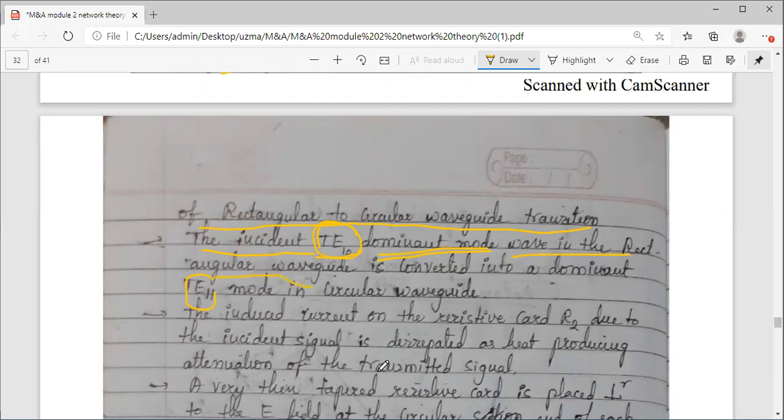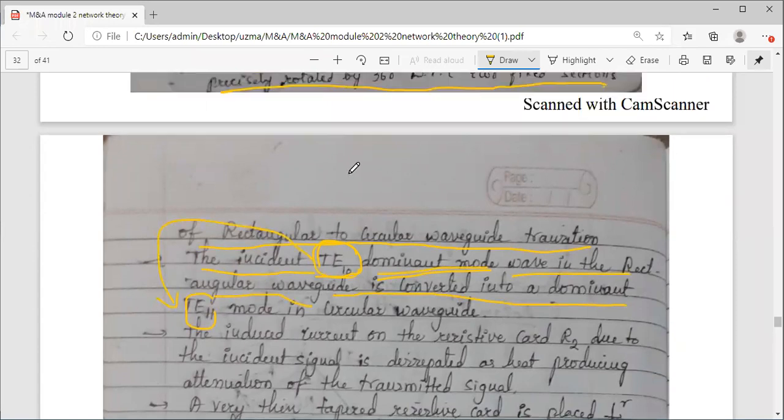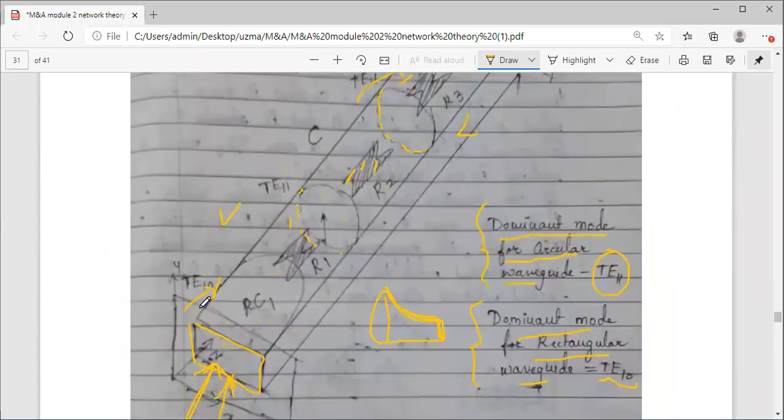So this incident dominant mode in the rectangular waveguide will pass through this attenuator, and inside, when it reaches the center C section, it gets converted to TE11. So there is a conversion of TE10 to TE11. I think I have already shown that. There is a TE10 mode when the wave enters, TE10 rectangular mode. After that, there is a transition. So when there is a transition from rectangular to circular, the mode will also change to TE11.